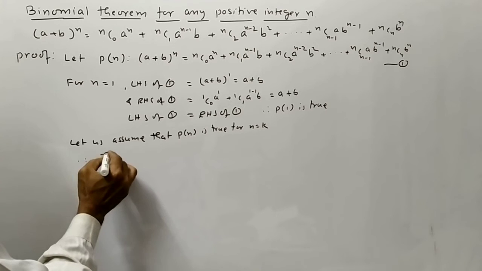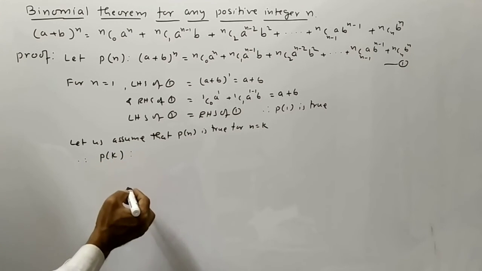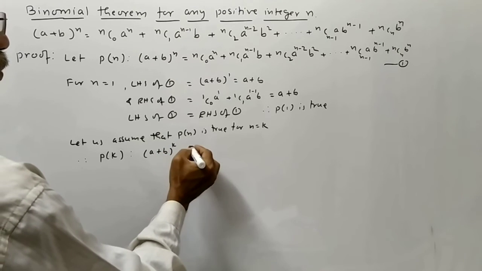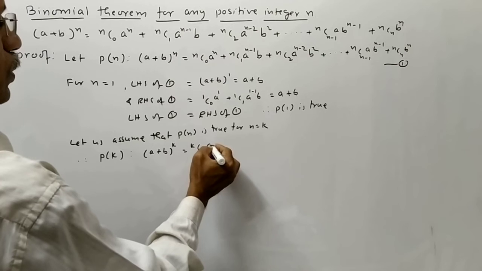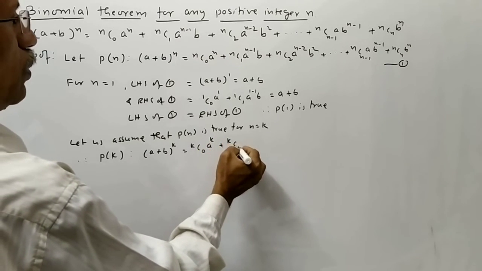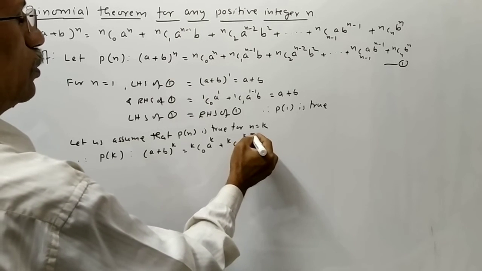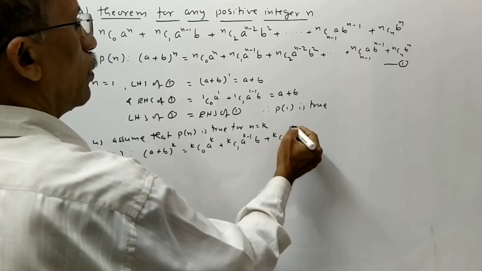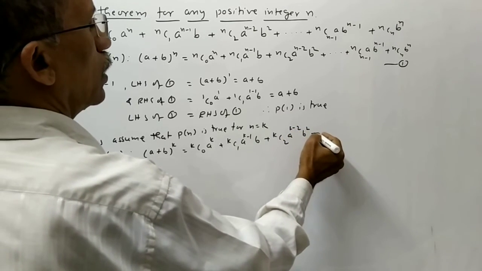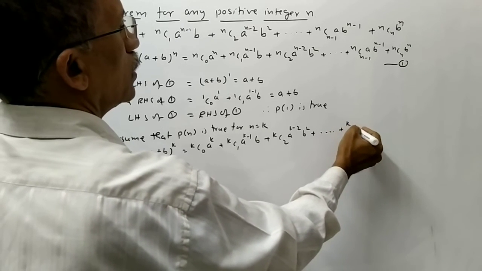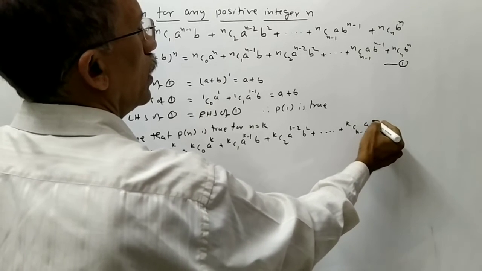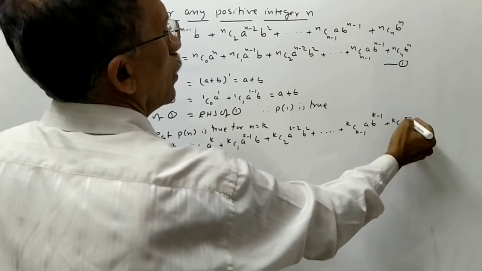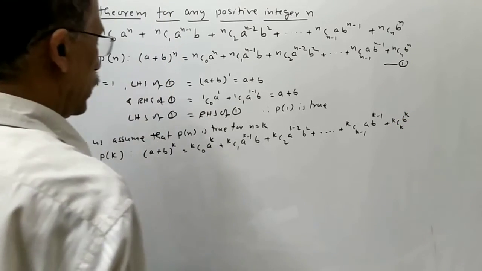Therefore, P of k is (a plus b) whole raised to the power k is equal to kC0 into a raised to the power k plus kC1 into a raised to the power k minus 1 into b plus kC2 into a raised to the power k minus 2 into b square plus --- plus kC(k minus 1) into a into b raised to the power k minus 1 plus kCk into b raised to the power k.